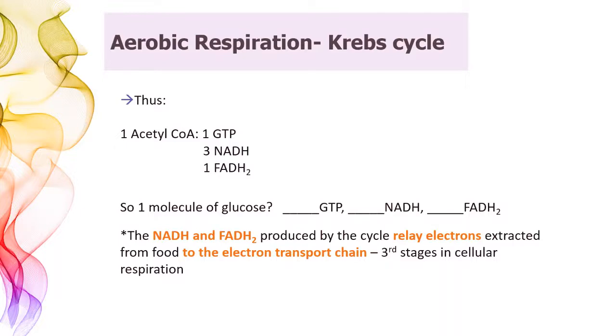So meaning here is that if it is from 1 molecule of glucose, there will be 2 GTP which will next form ATP directly by substrate level phosphorylation, 6 NADH and also 2 FADH2.